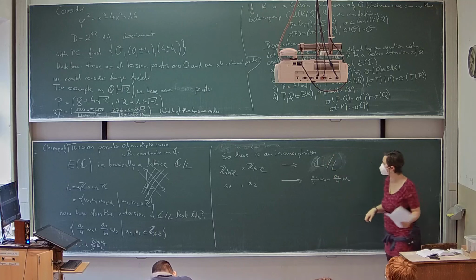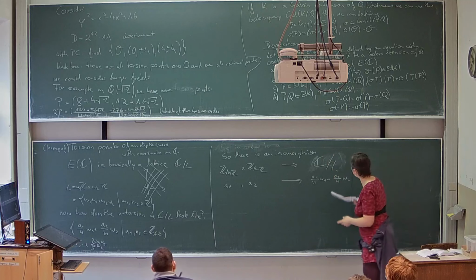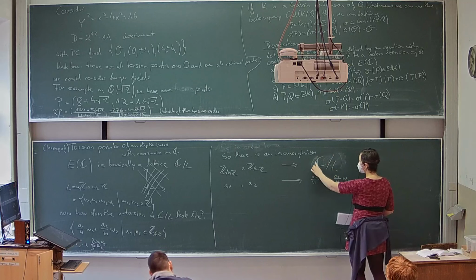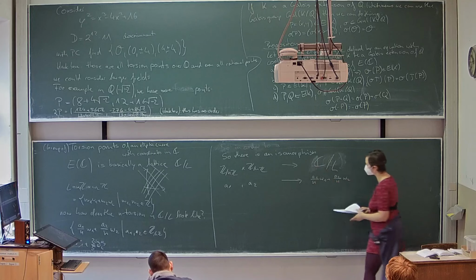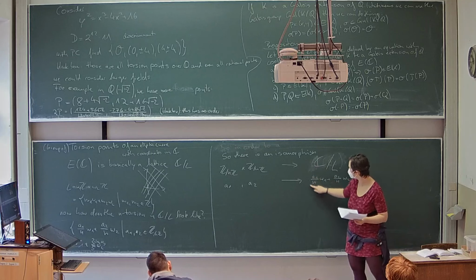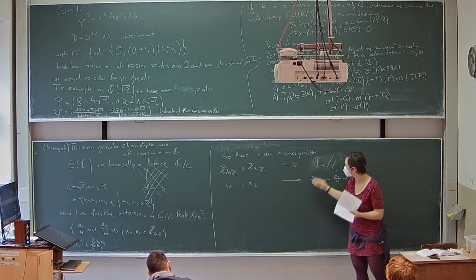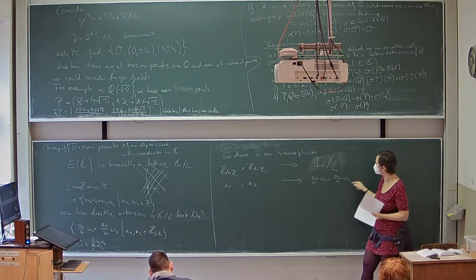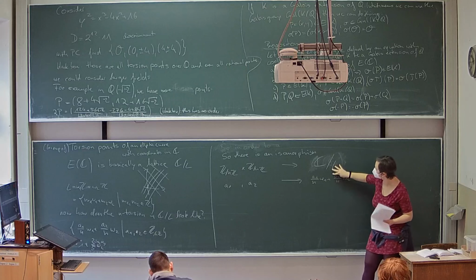Okay, so maybe this makes it a bit more clear. Here we are in the complex numbers modulo the lattice. So this is not necessarily an integer, and if it's an integer, then this is an element of the lattice.